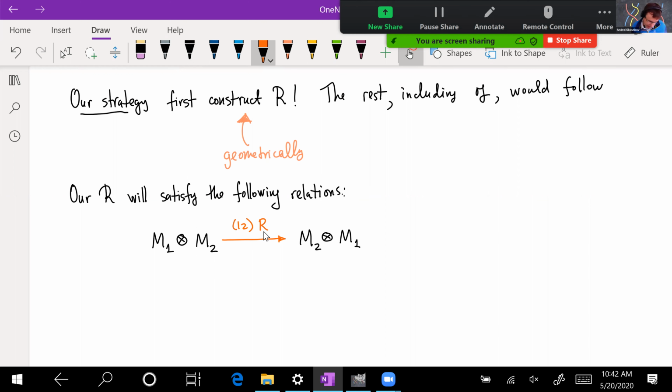And because there will be an intertwiner, this object is called R check. And then of course you can apply this R check again. If you take the square, you're going to have an interesting map from this module to itself.